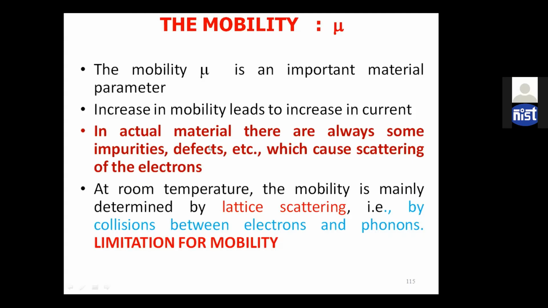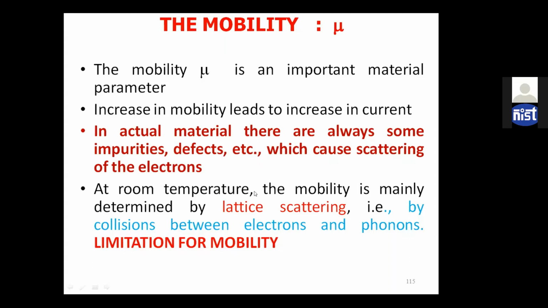That can give rise to different types of scattering, which can limit the mobility. So how can we design the structure such that although we add impurity, it reduces the scattering and improves the mobility? That is the main aim. This is important at T equal to 0, that means 4 K, at low temperature operation.